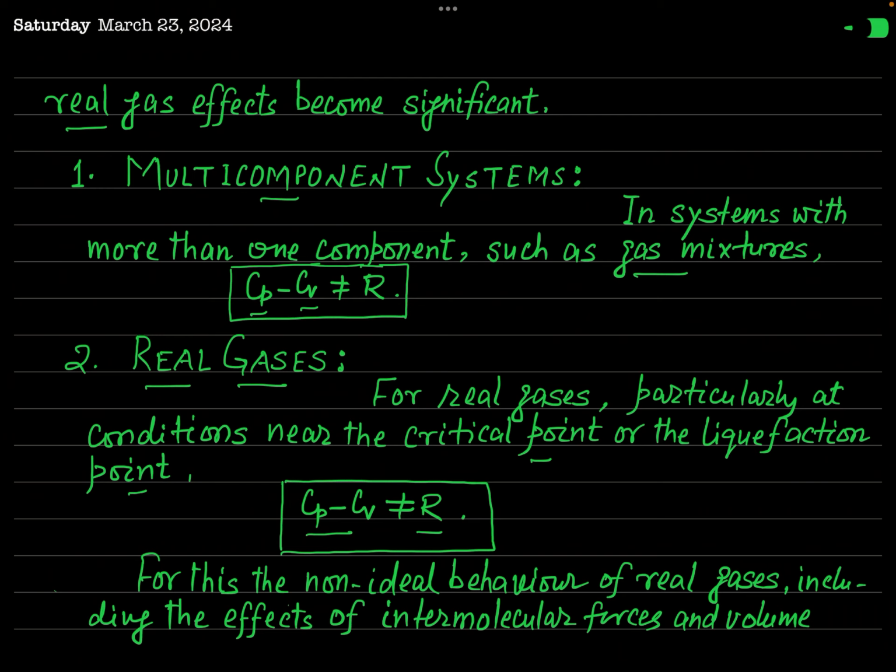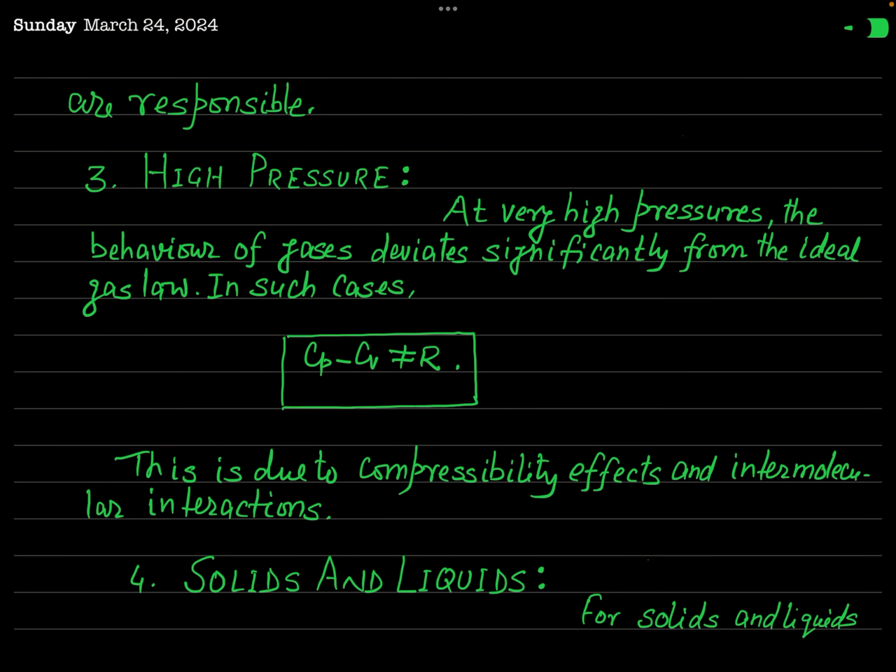I have told you earlier that whenever the behavior of our system deviates significantly from the monatomic ideal gas behavior, this result will not hold. So in case of real gases, we cannot neglect the intermolecular forces. Since the intermolecular forces are present in case of real gases, these gases have non-ideal behavior, and due to this the relation Cp minus Cv equal to R does not hold in this case.